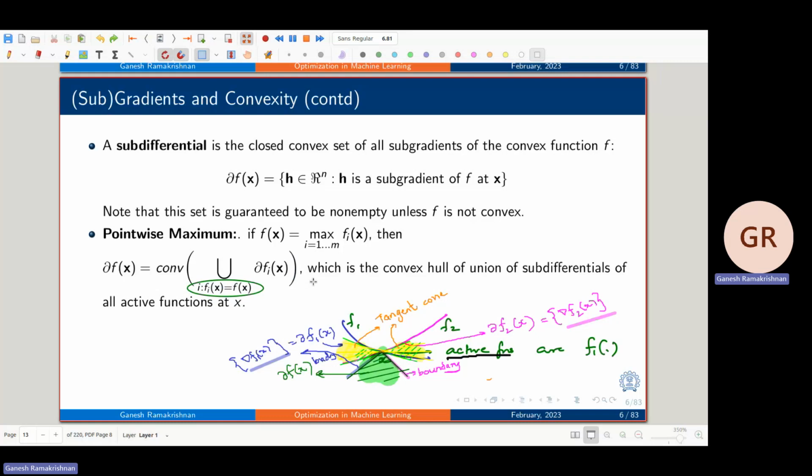Okay. So while I wrote it a little bit intuitively there, the formal expression here is the partial of f is the convex hull of the union over all indices i, such that fi x equals fx, of the partial of fi x.